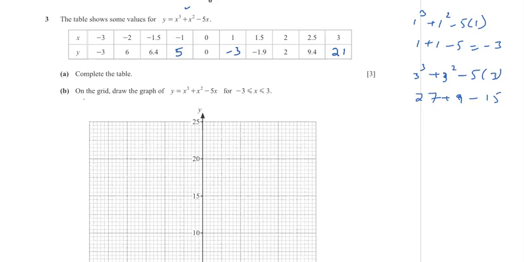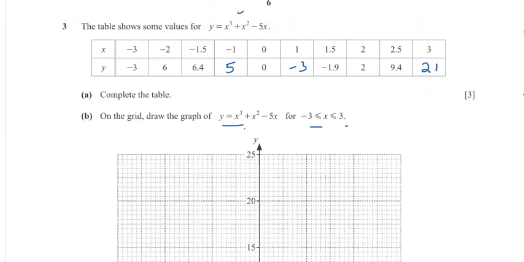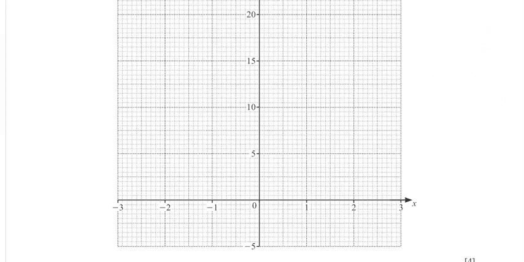So now we have to, on the grid, draw the graph of this one from minus 3 to 3. Now to draw the graph, let me zoom it a little bit more so it will be easy for me to draw the graph. First, always we check the scale of the graph. If we look at the scale, horizontally each box is 0.1 because 10 boxes are making 1.